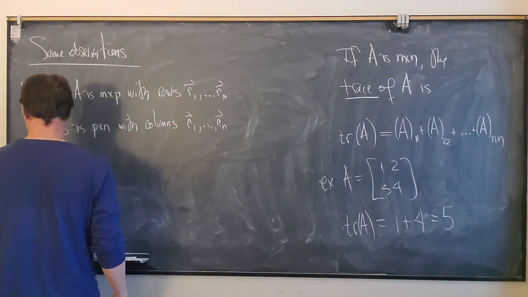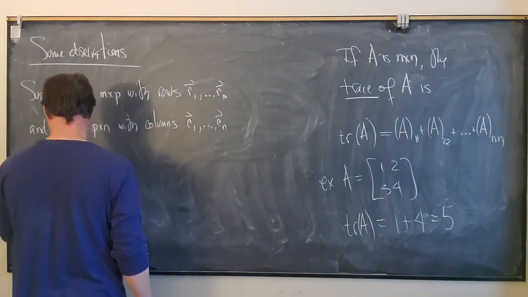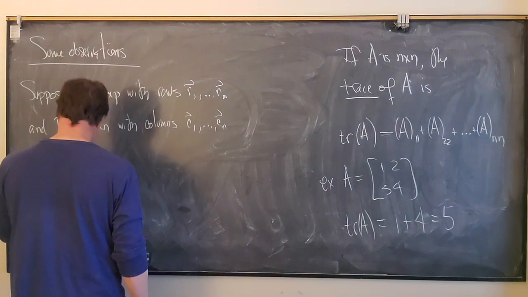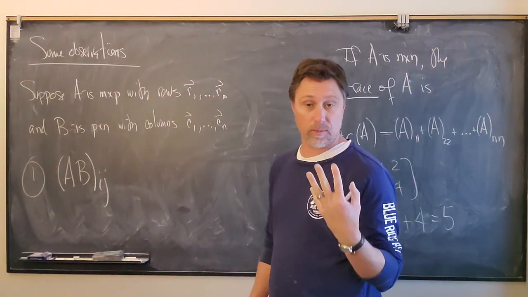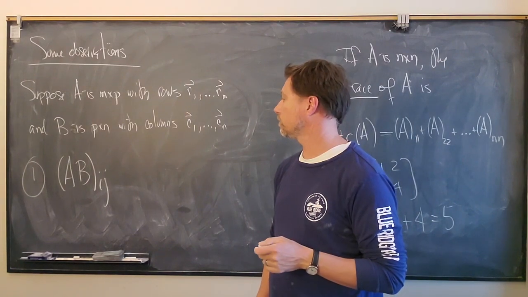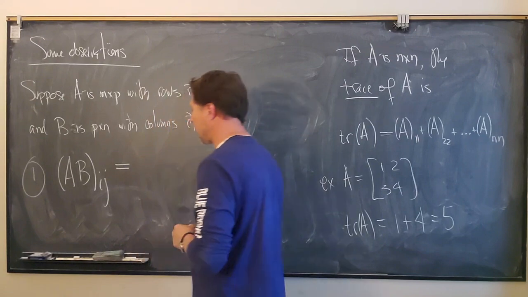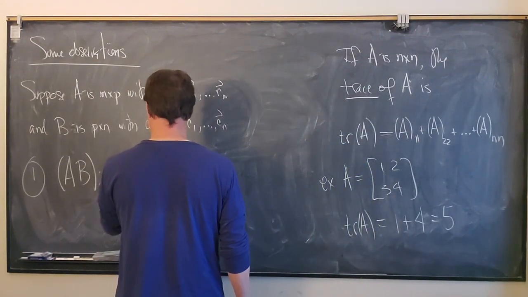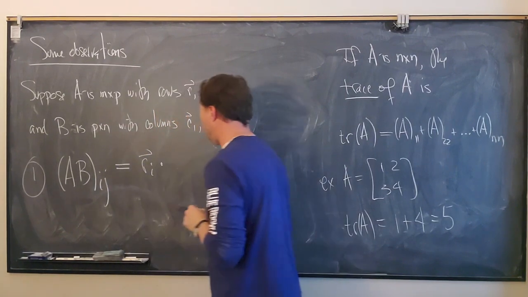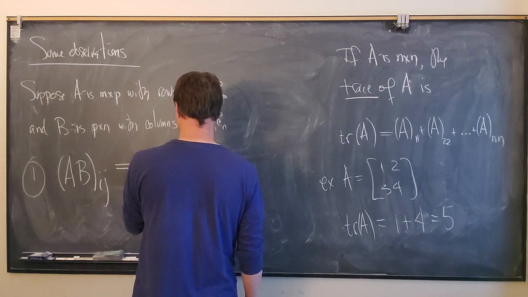So the first observation, and we said this already, I talked about matrix multiplication in terms of dot products. The ijth entry is obtained by taking the dot product R sub i dotted with C sub j.